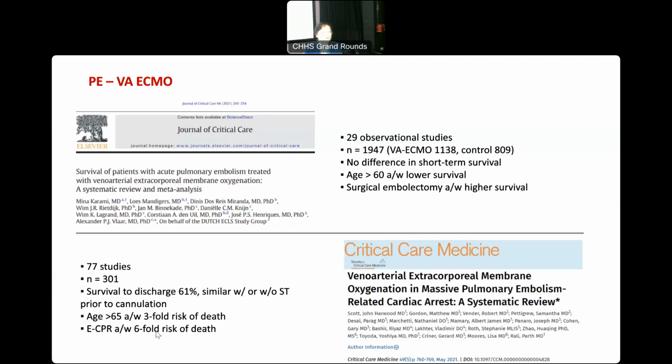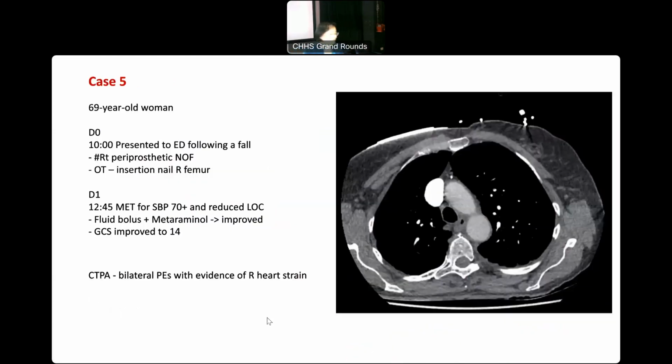What does that tell you? Don't wait until the patient arrests. If the patient needs VA ECMO support, we do it. And if the patient has had one cardiac arrest and you quickly get them back, those patients may benefit a lot, particularly the sickest group of pulmonary embolism. So we will do it, even though we don't have evidence, because there are many other reasons.